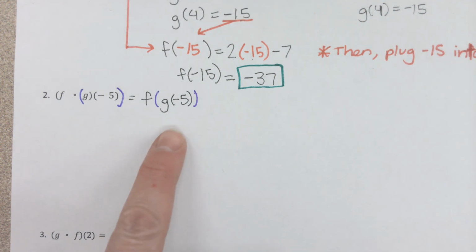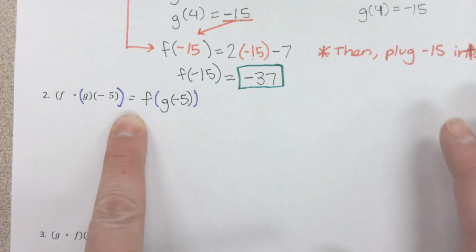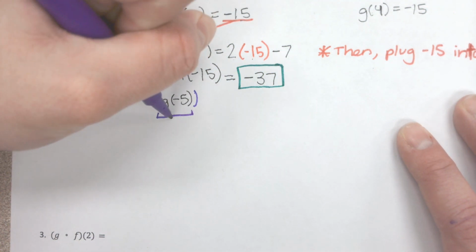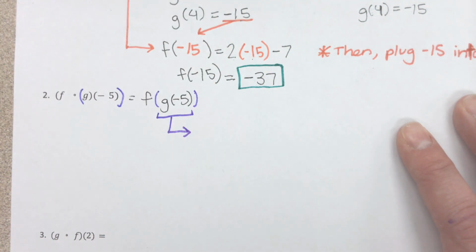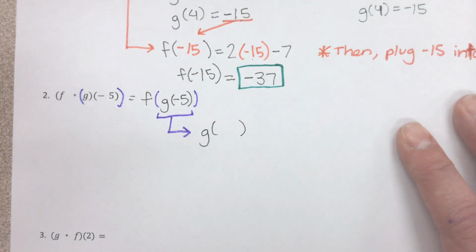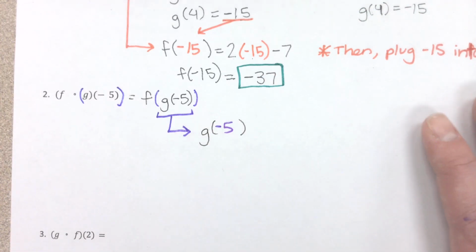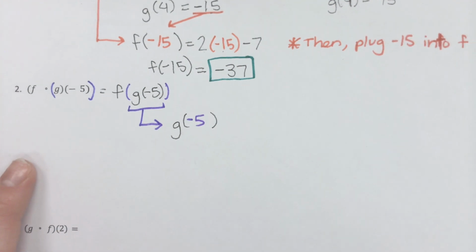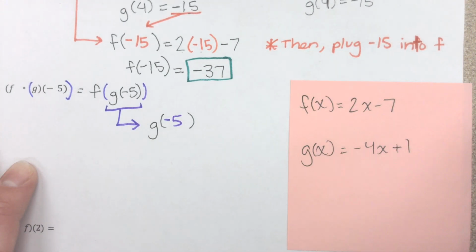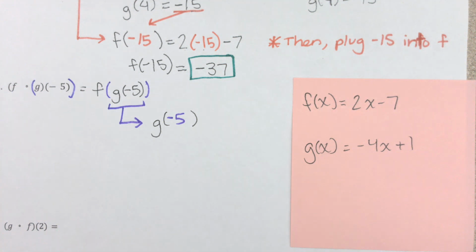So now we can clearly see the inside function and the outside function. We'll start with the inside function. Let's find g of negative 5. And for convenience, I rewrote the equations on a post-it so I don't have to keep going back and forth to the above equations.